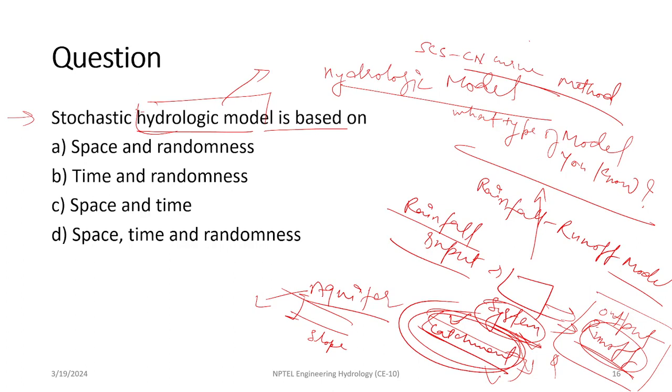But what I want to mention here is that when we have a catchment, you get rainfall, and you also have to define the system parameters. That is also important, because once you get the idea of the system, only then can you compute the runoff.